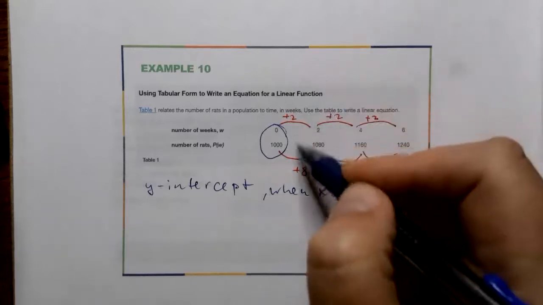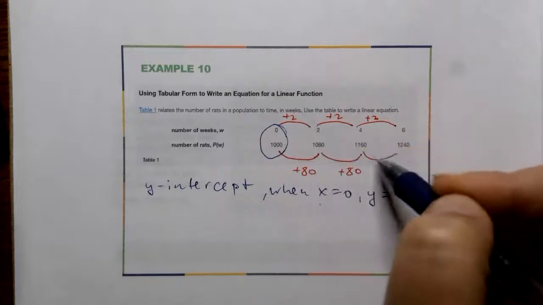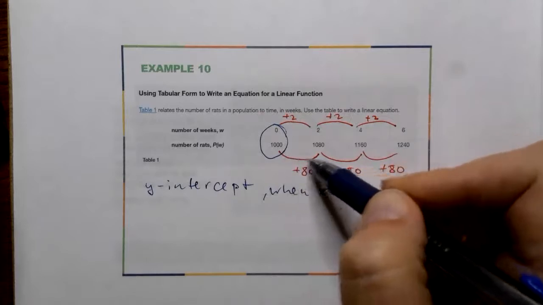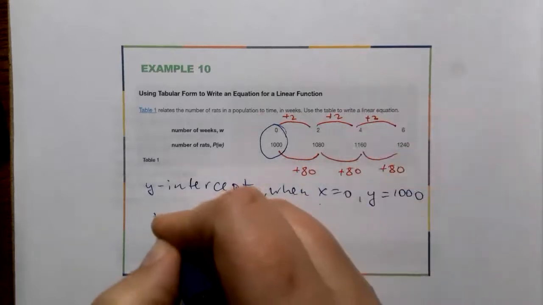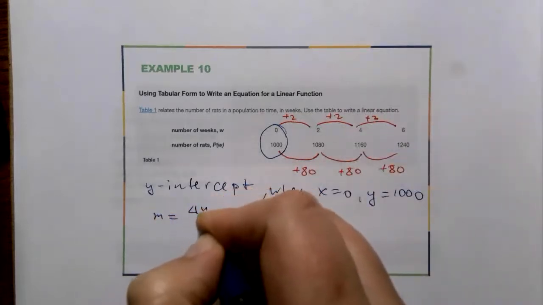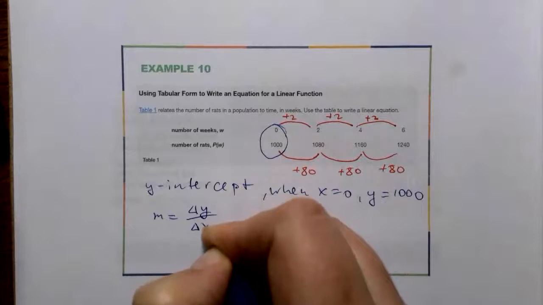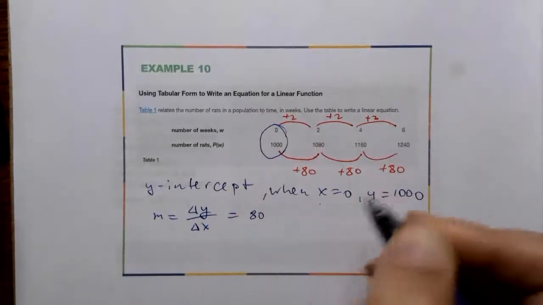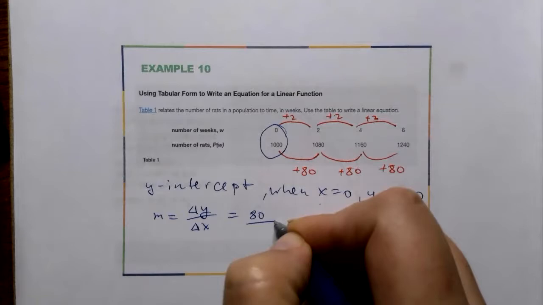What is your rate of change? Actually, when we did this, we already figured out the rate of change. Remember, your rate of change is change in y over change in x. So how much does your y change? Well, it changes 80 units, right?